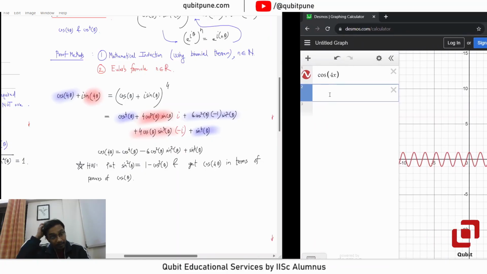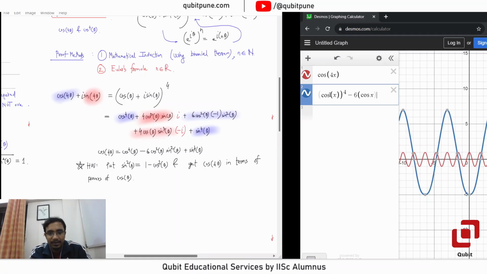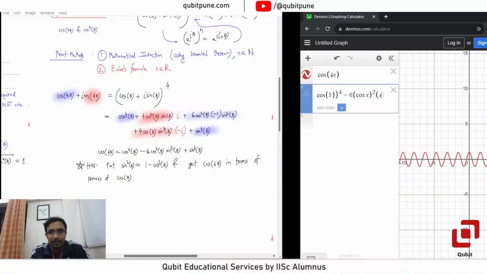Fourth power of cos x, minus 6 into cos x squared sin x squared, plus fourth power of sin x.